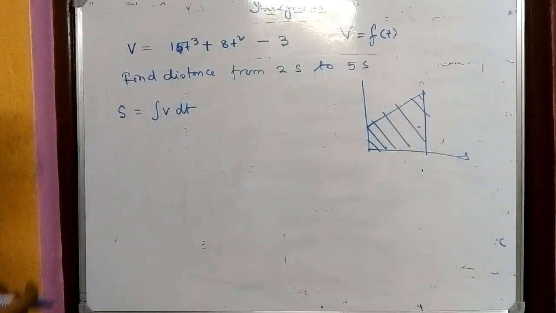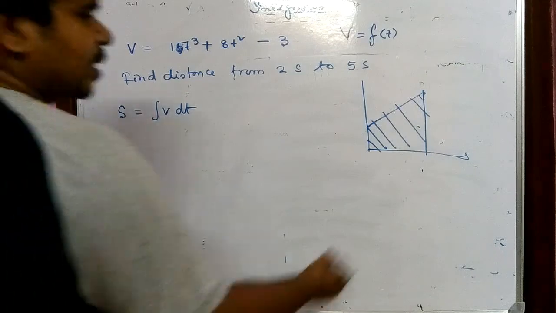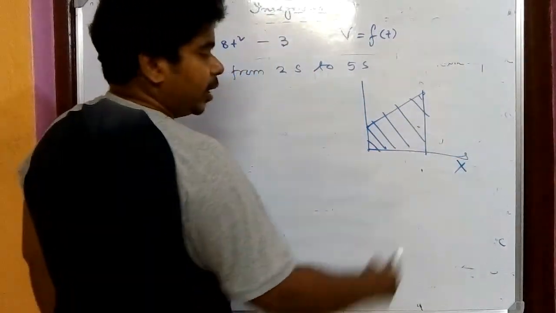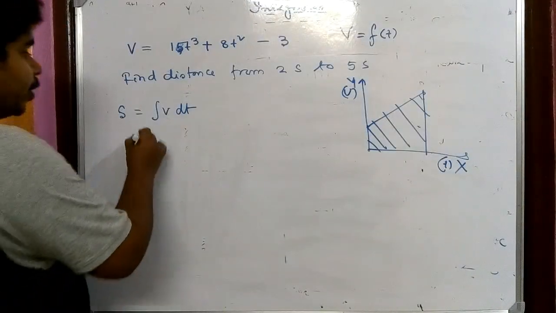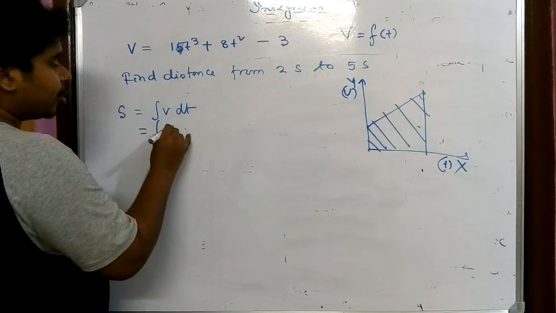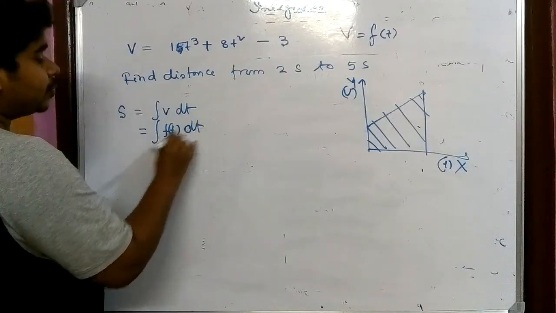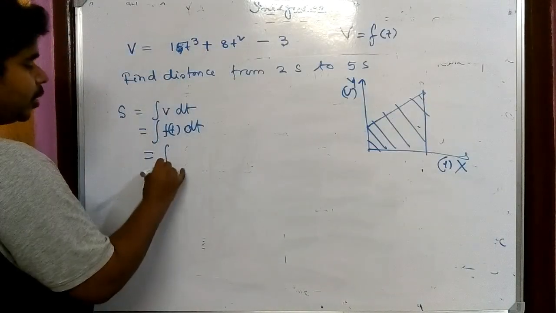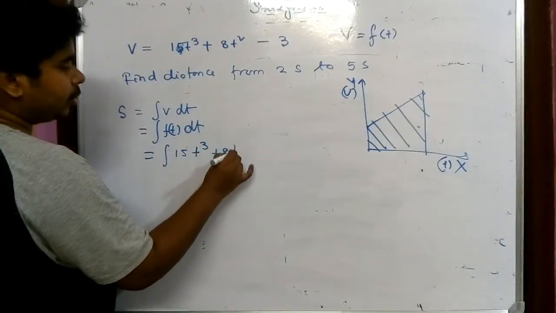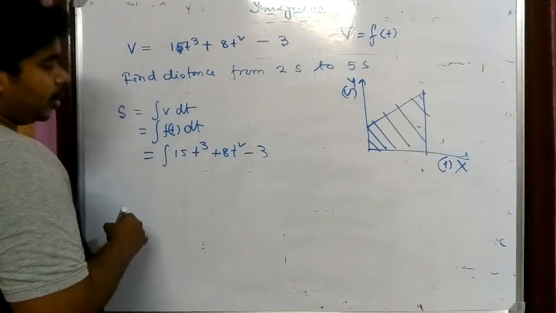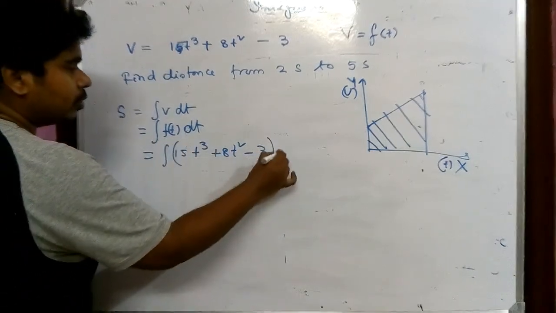Now you might be asking, just now we did dx, why has dt come? Because along the x-axis here we have taken t, and along the y-axis we have taken v. So that's why it is dt. v into dt means a function of t into dt. So the function is integration of 15 t cube plus 8 t square minus 3, whole into dt.